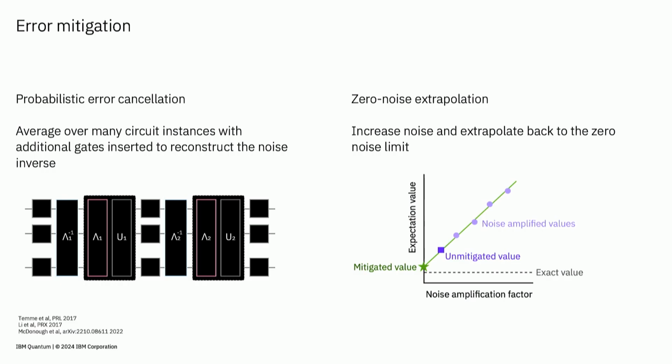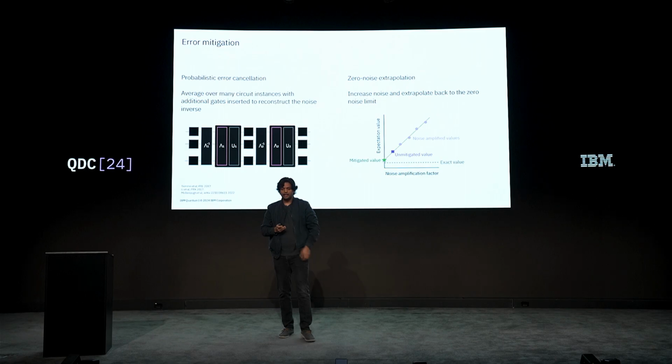And just to give you a quick introduction to these methods, in probabilistic error cancellation, we're typically executing many different circuit instances with additional gates inserted to effectively reconstruct the inverse of the noise channel. And in zero noise extrapolation, we're also inserting gates typically to amplify the noise. And by remeasuring expectation values at amplified noise rates, we want to use that to extrapolate back down to the zero noise limit. Okay?